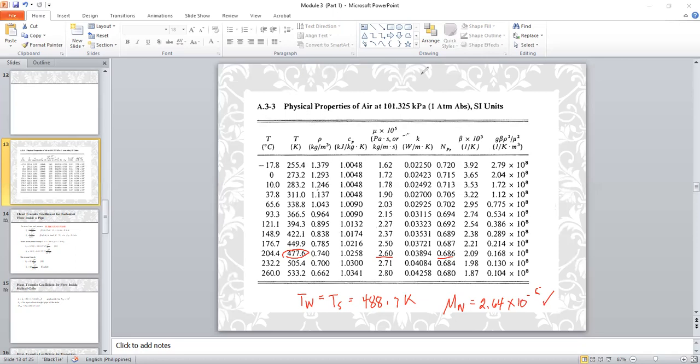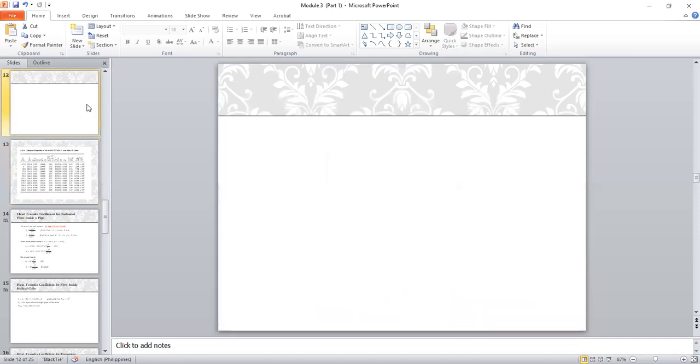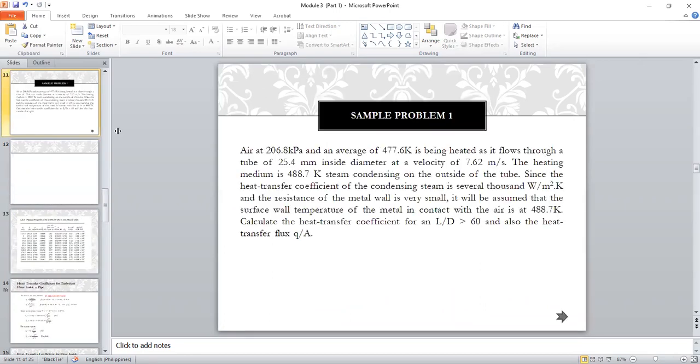I will just clear the drawings here, and we'll go back to the problem that we are reading. Wait class, it won't transfer. So you're given the properties of air, the inside diameter, and you have the velocity.